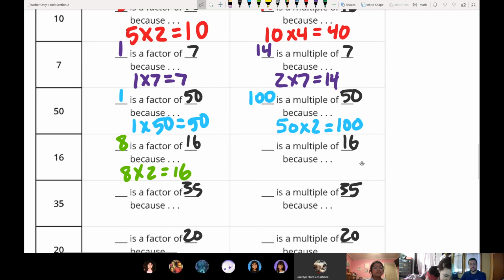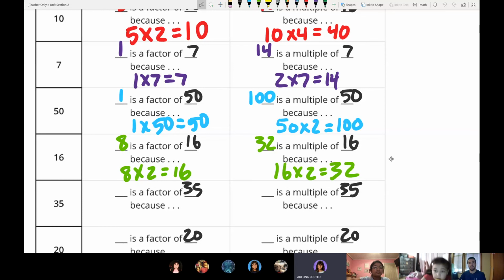So blank is a multiple of 16 because... Adelina. I would say 32 is a multiple of 16 because 16 times 2 equals 32.